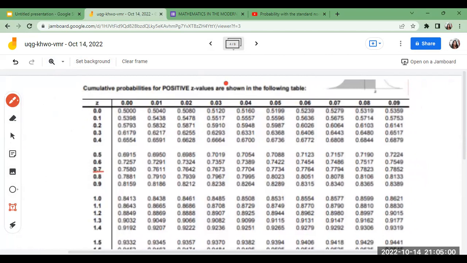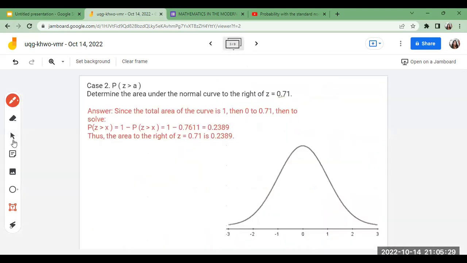And then the second decimal place is 1, that is 0.01. Okay, so let's find where the two intersect. And then this one. So we have 0.7611. That is the area.